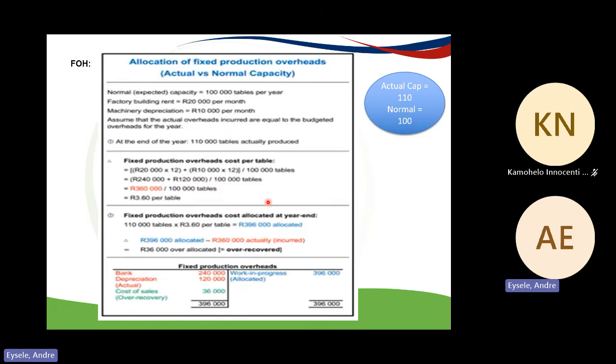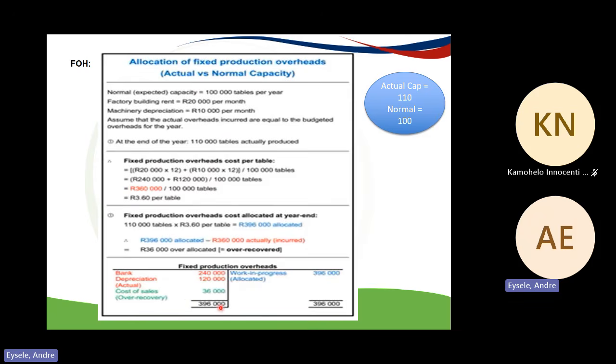But colleagues, we only have the actual expense of 360,000 Rand. Can you see what we've allocated to production is more than what was physically incurred? The incurred amount is less, so there's an over recovery and you need to deduct it from your cost of sales.